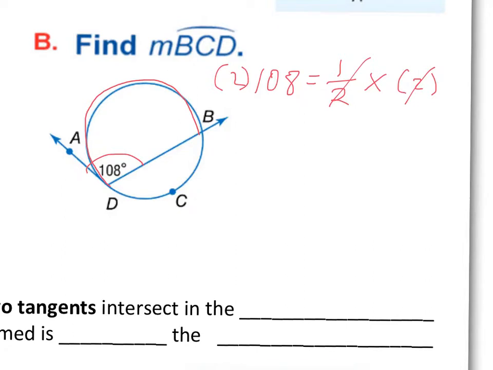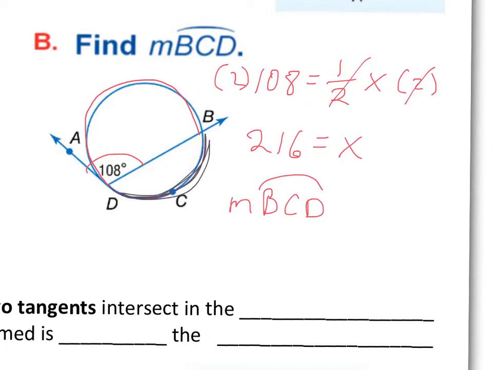Cancels the fraction out. Gives us 216 equaling x, which we said was the measure of arc BC. And actually, I take that back. BCD is not the arc that we were looking for. BCD is this arc.